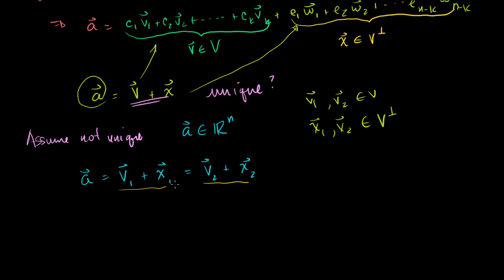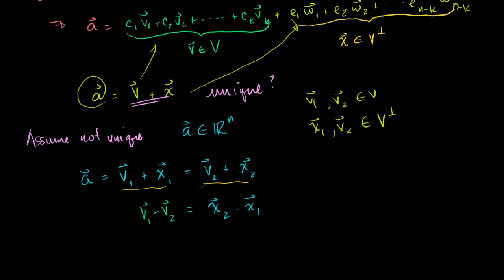So we can rearrange this a little bit. If I subtract v2 from both sides, and I subtract x1 from both sides, I get v1 minus v2 is equal to x2 minus x1, right?